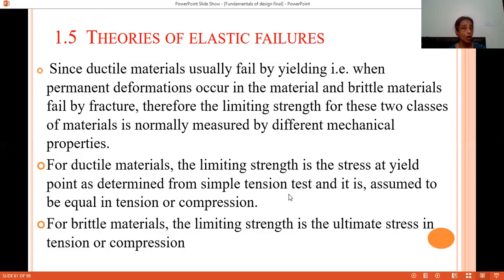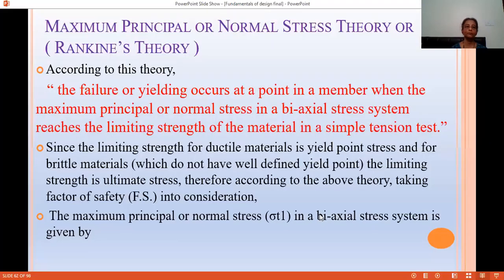And earlier, in the factor of safety topic, we discussed that ductile material has a limiting strength of yield point stress, and brittle material has a limiting strength that is the ultimate stress, both in tension and compression.